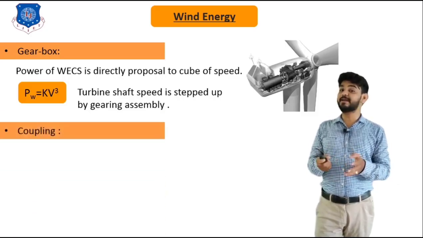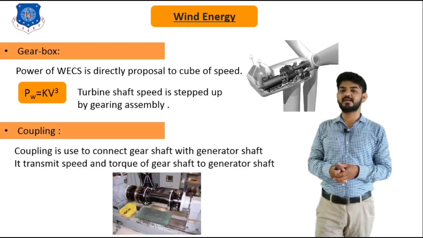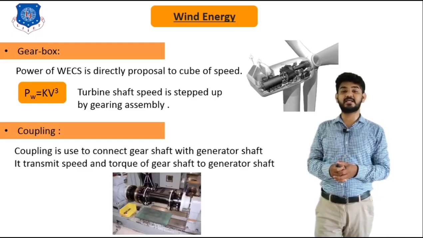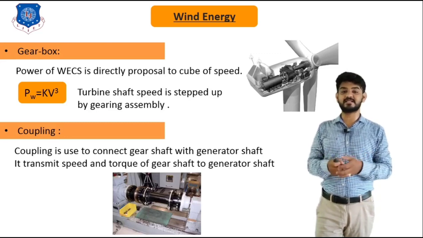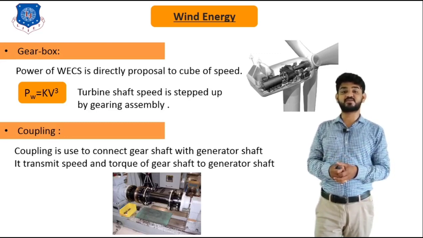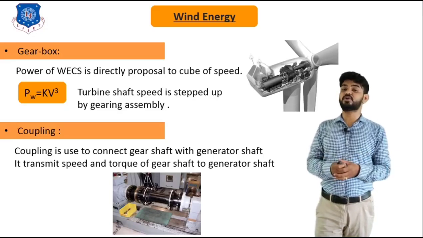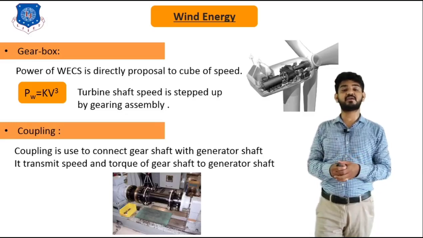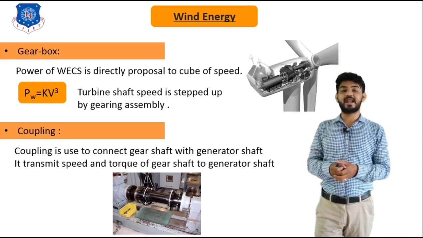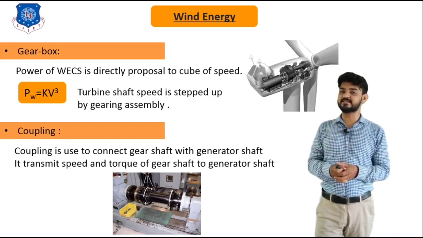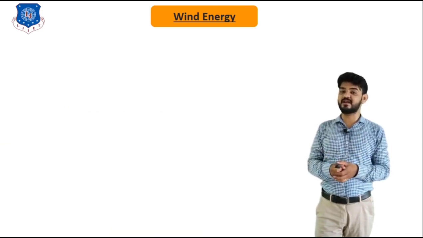This is followed by the next component, and that is the coupling assembly. The coupling assembly connects the shaft of the gearing assembly with the generator assembly, and it transfers the speed and torque of the gearing shaft to the generator shaft so that the generator shaft can rotate. Now let's move to the next component, and that is the generator itself.